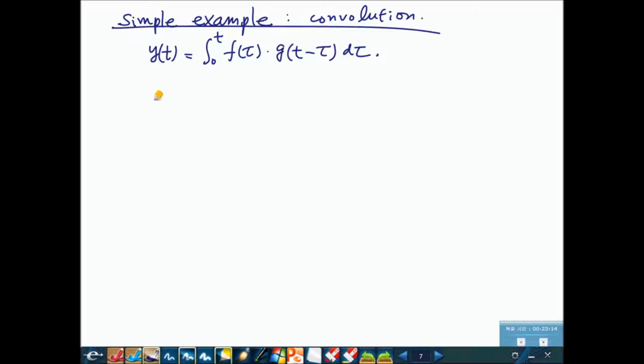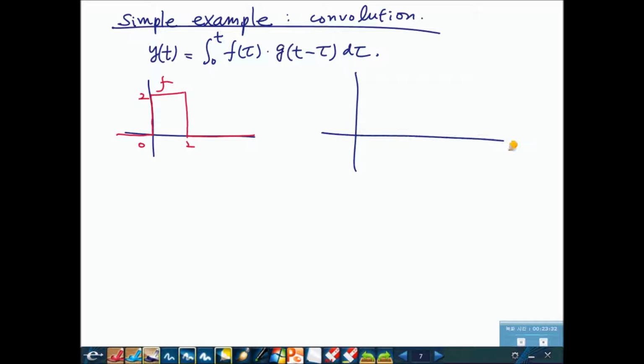So let's say we have this function, 2. Okay, so that's function f, the original form of f. And the second one we have g. Originally, g is this, 4, 0, 1. Okay, that's our original form of g.